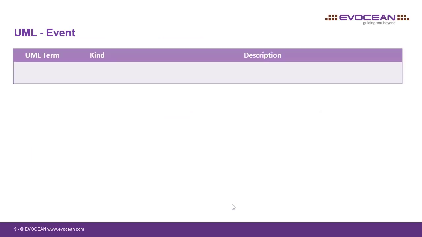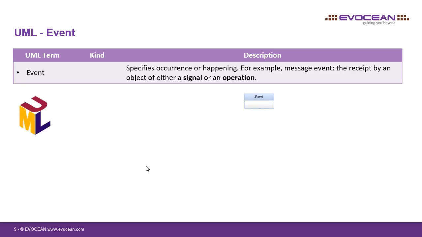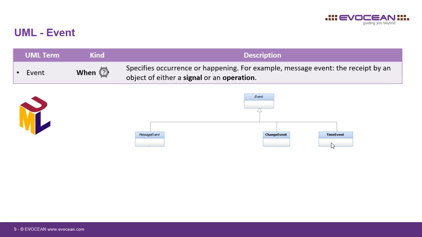That brings us to the next question. What is an event? According to UML, an event specifies the occurrence or happening. So an event is a moment when a signal is sent or an operation is called. There are different types of events. For example, a time event, expressed in Rhapsody via TM, the timeout event, or the change event, which is fired in a Rhapsody model when the value of an attribute is changed via proxy port or flow port.